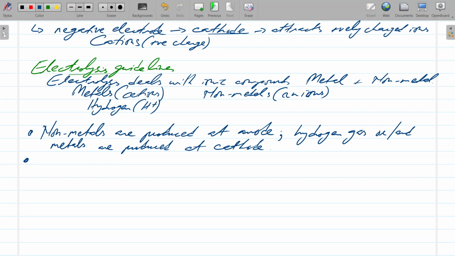Then, at an inert anode, one that's not reacting, what you would expect is the halogens are produced in preference to oxygen. This will make sense when we look at examples of the kinds of electrolysis processes that can take place.